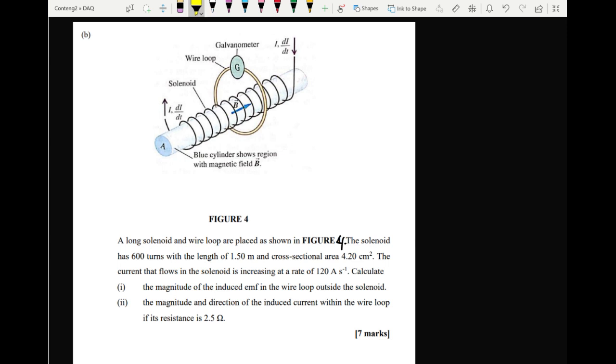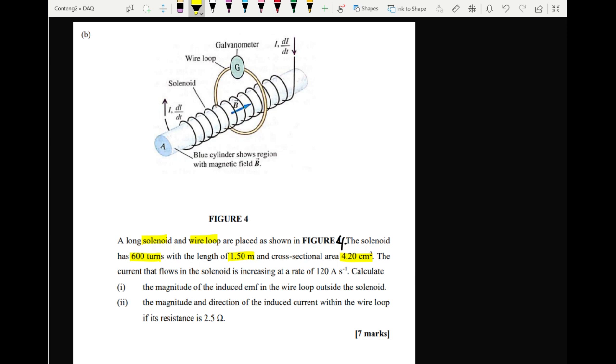Okay, so let's read the question. A long solenoid and wire loop are placed as shown in figure 4. The solenoid has 600 turns with the length of 1.50 meter and the cross-sectional area is 4.2 centimeter square.